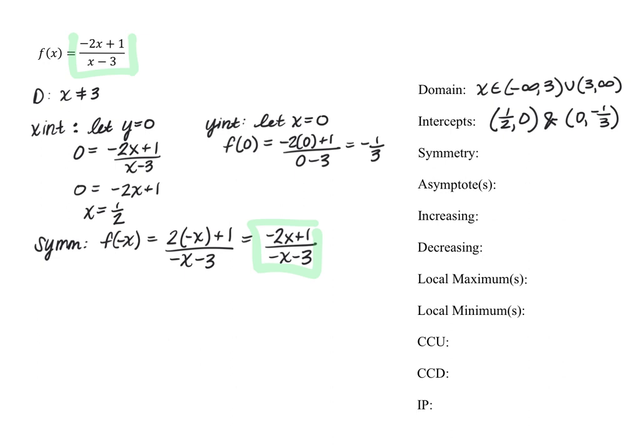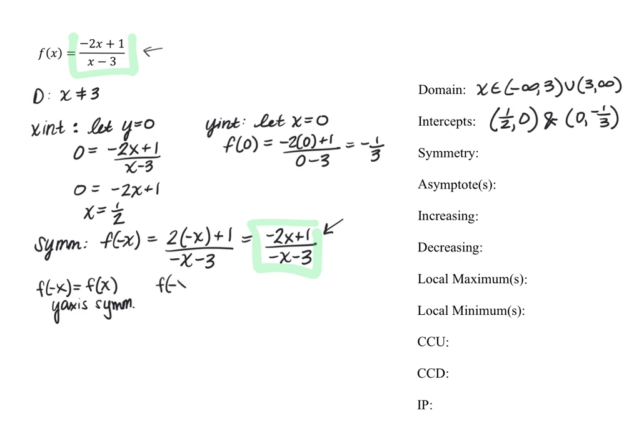So a little review here. If you are testing for symmetry and you substitute in negative x and the result is the same as the original function f of x, then that means you have an even function. And even functions have y-axis symmetry. So looking at my result here, it is not the same as the original function. Therefore, this is not a function with y-axis symmetry.